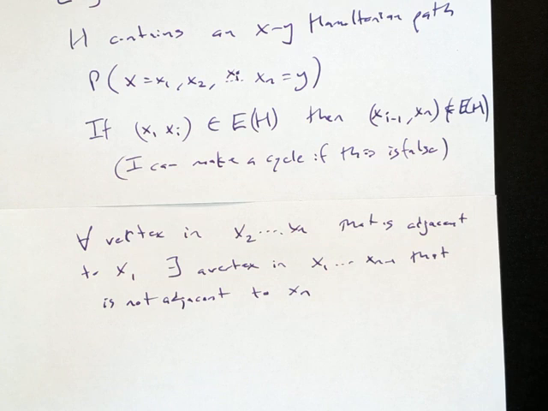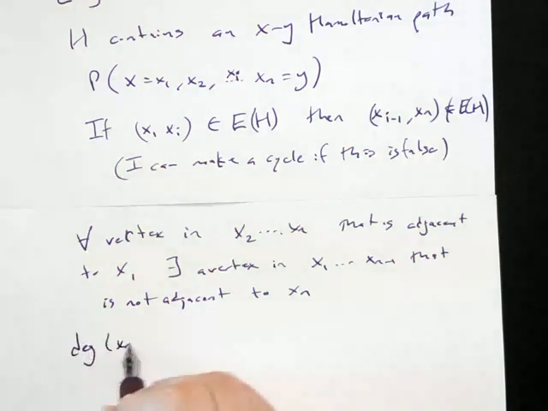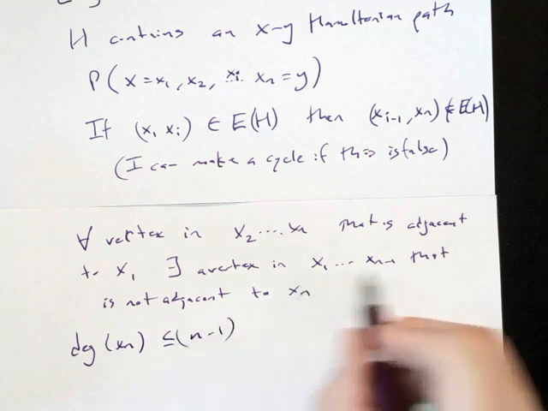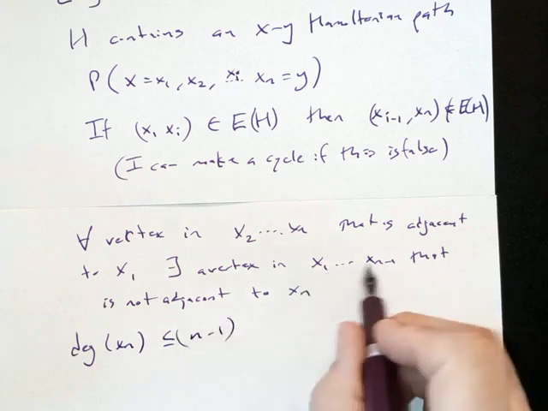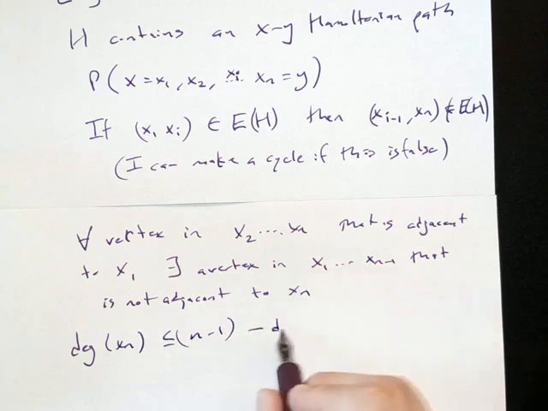And I don't know what the degree of x1 is, right? But that means that the degree of xn is less than or equal to n minus 1 minus the degree of x1. We said x1 is x and xn is y.